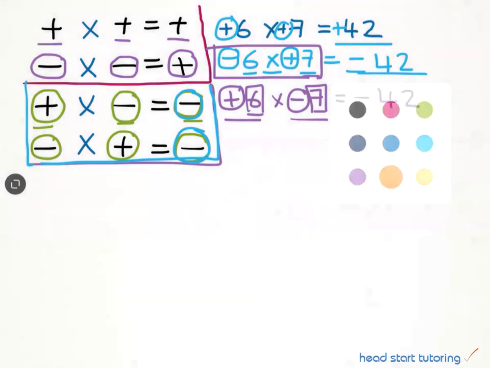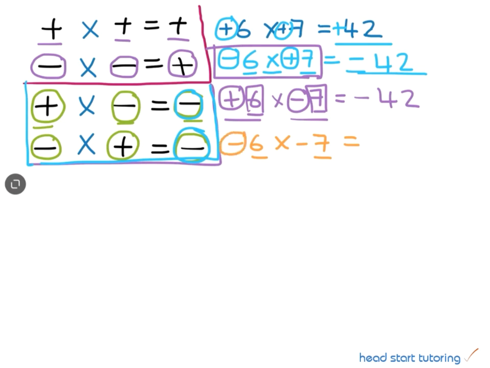Right, let's now have a look at negative 6 multiplied by negative 7. Again, we need to deal with our signs first, or we can deal with them second, but it's wise to deal with them first because we are more used to just multiplying 6 and 7 together, and the signs part is the more tricky part.